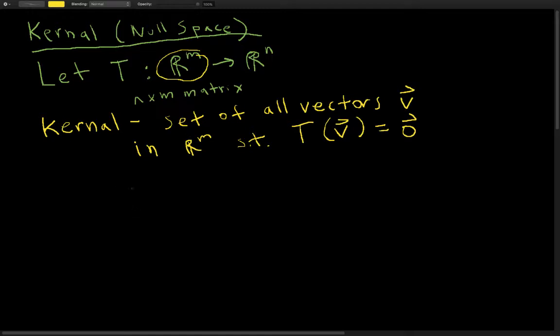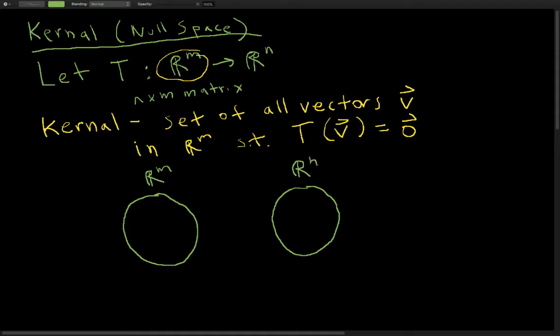So kind of what an illustration of this would look like. We'd have two spaces. We'd have Rm, then we'd have Rn over here. And then there's a zero vector here in Rn. And there would be some space here. It could be just one point, or it could be a bunch of points. In this case, it looks like it's a bunch of points that all map to this zero vector.